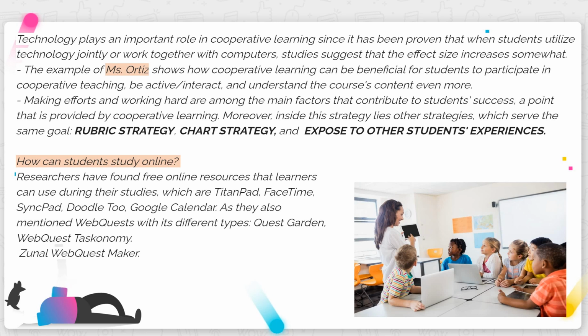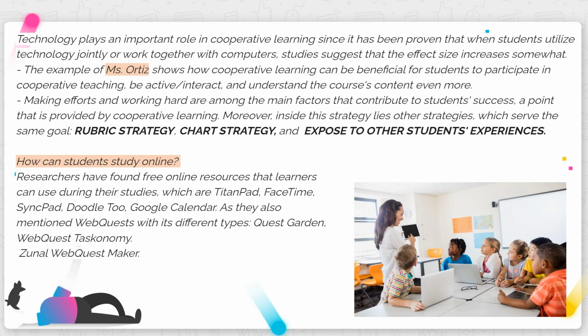There is the rubric strategy that I mentioned by Mrs. Ortiz, chart strategy, and exposed to other students' experiences. We mean by exposed to other students' experiences that the teacher will show those of other members of the group so that everyone will know his work and build his experience according to what he has seen.